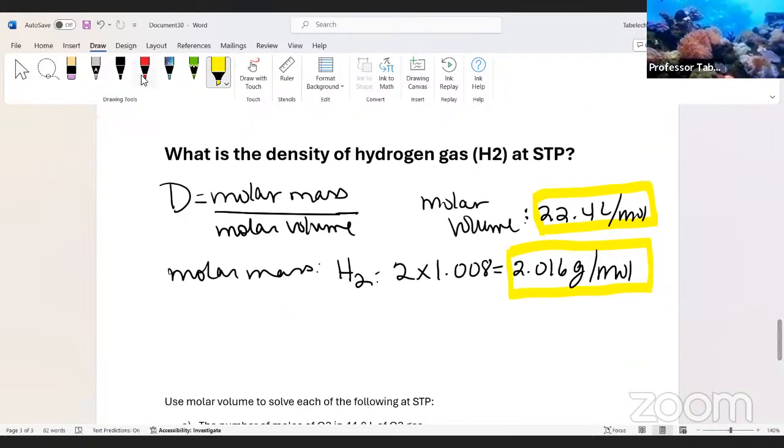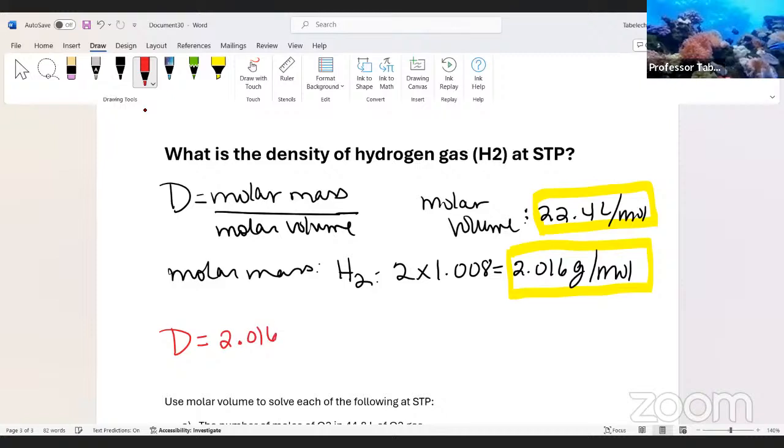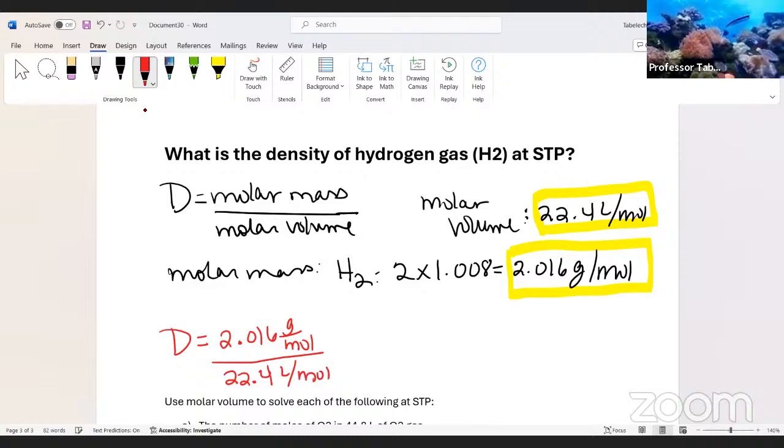We plug those in: D equals the molar mass, 2.016 grams per mole, divided by 22.4 liters per mole. Remember, density units are grams per liter, milligrams per cubic meter, centigrams per milliliter. It's whatever mass unit you have per volume unit that you're working with.